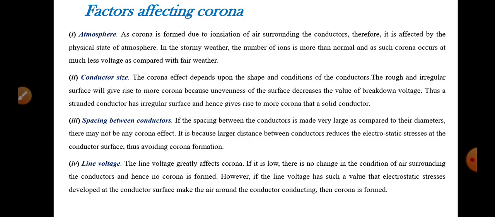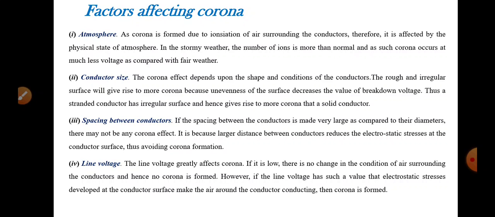Corona depends upon the size and shape of the conductors. That is, if the conductors are rough or irregular, then corona will occur at a much lower voltage. A stranded conductor has an irregular surface, and it will give more corona at a lower voltage than a solid conductor.